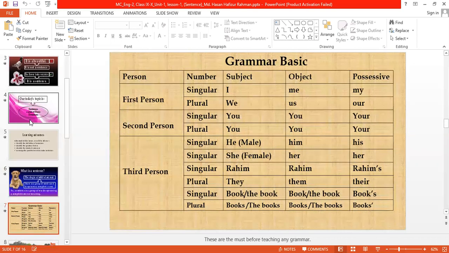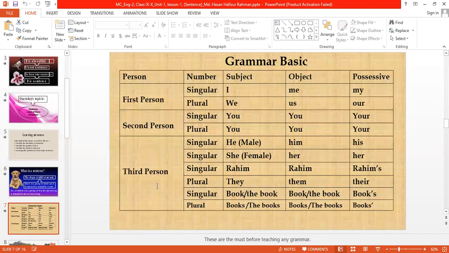First person, singular and plural. Now you notice at the whiteboard, singular I, its plural we, me, its object, and my, possessive. And in this way, there are second person and third person also. You look at the blackboard and you read out for 5 minutes.